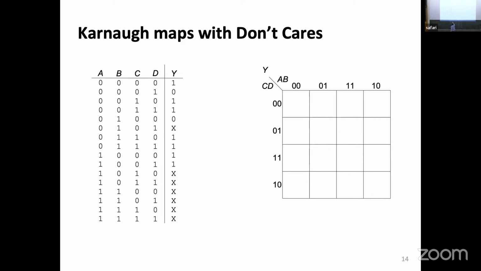In this case, they are the same, so it doesn't make any difference. Now, the second one, A and B 0, 1, is this column here. The first one is 0, the next one is X. We're going to talk about what X is, and then we have 1, 1.